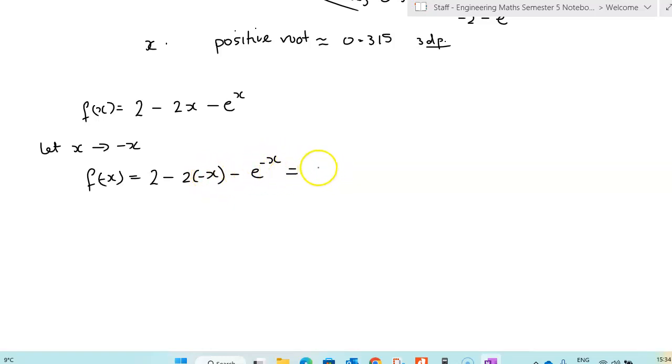And if we tidy that up, that will become 2 plus 2x, which is positive, minus 1 over e to the power of x. So as x gets more negative, this fraction gets smaller and smaller. It will eventually tend to 0. So it has very little effect on this.